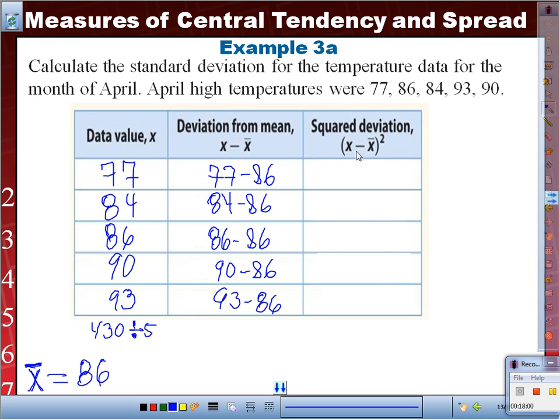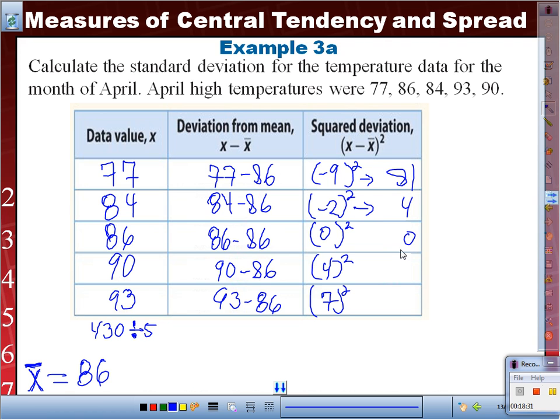All right, next, each in parentheses, squared. What is 77 minus 86? Negative 9. 84 minus 86, negative 2, 0, 4, and 7. So what is negative 9 squared? 81. This is 4, 0, 16, 49.